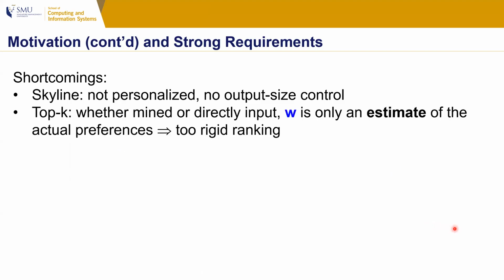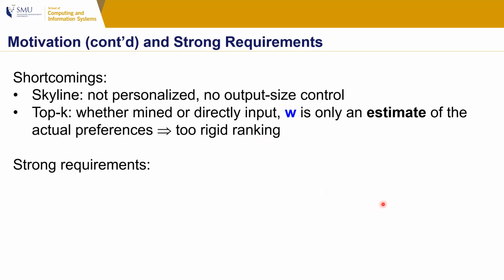When it comes to the top K query, the weak point is that the input preference vector W, whether it is directly input by the user or mined with some preference learning technique, is just an estimate of the actual preferences of the user. However, this standard top K query is too rigid in its ranking with regard to the input preference vector W.